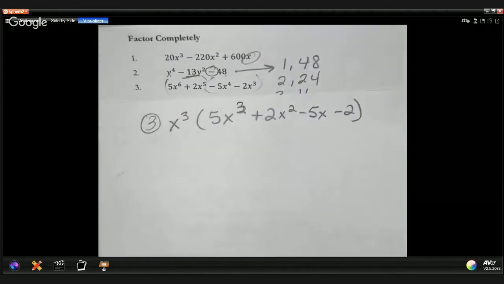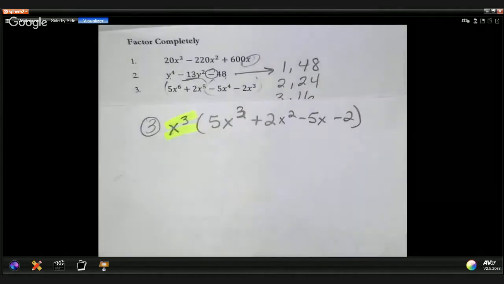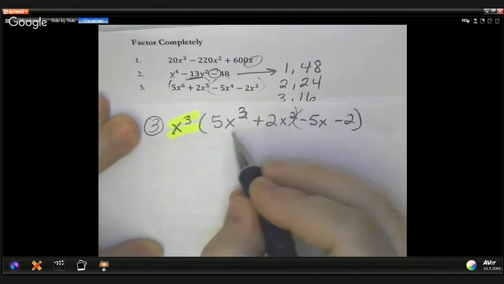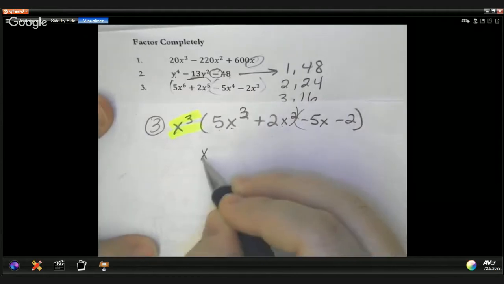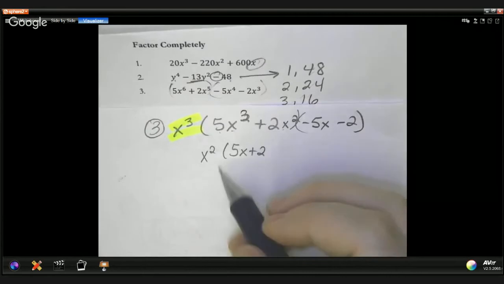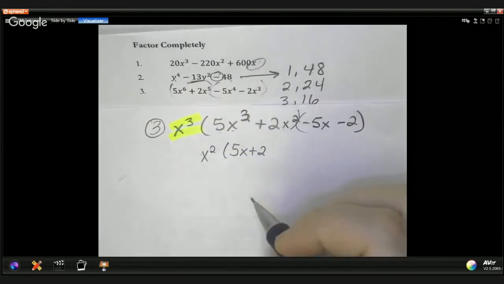Now I'm going to leave this x to the 3rd here, and I'm going to come back to it. I just don't want to mess with it right now because sometimes people will add more to the factors when you have that out there. But now I'm going to split this up. The number that goes into both of these is x squared, so I'm left with 5x plus 2. And so now you might be able to see why I left this here, because I didn't want another x to the third making it confusing.